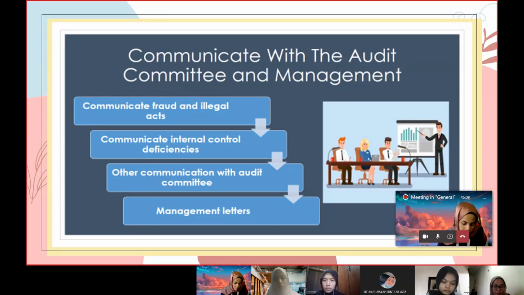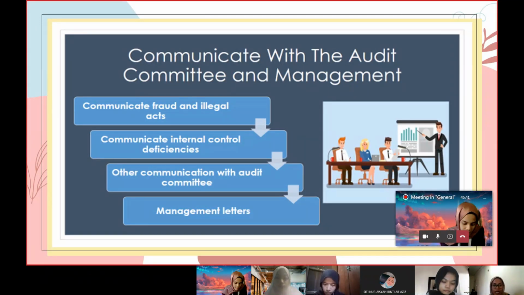First and the second point is the same issue regarding communicating fraud and illegal acts and internal control deficiencies and material weakness, with other communication with the audit committee and management letter to make any recommendation to change into a good performance.